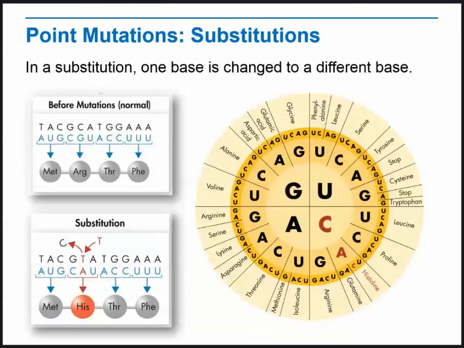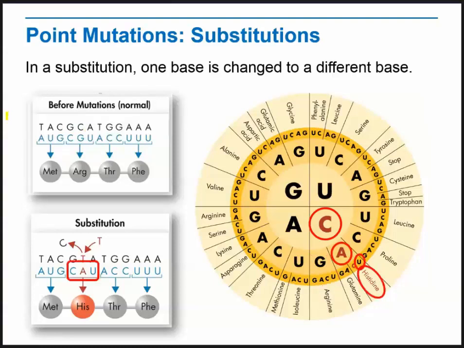In substitution mutations, one base is changed to a different base. Substitutions usually affect no more than a single amino acid, and sometimes they have no effect at all. Let's take a look at an example. Take a look at the second codon in this example. The codon is CGU, which codes for the amino acid arginine.